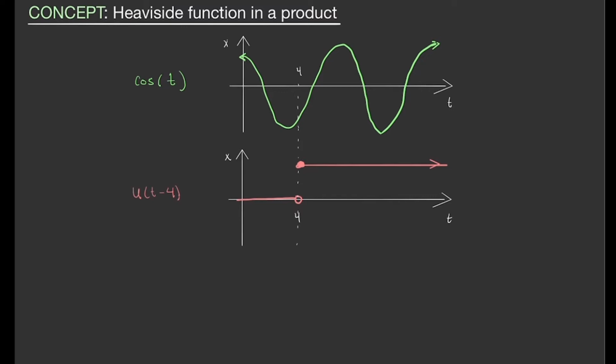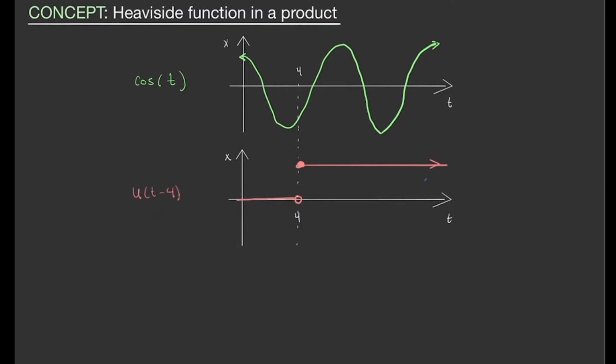Now if we were to multiply the Heaviside function times cosine, every place that the Heaviside function is 0 would make the product equal to 0, because you'd have whatever cosine is times 0. So it would flatten it, or cause it to vanish essentially everywhere up until you hit 4.